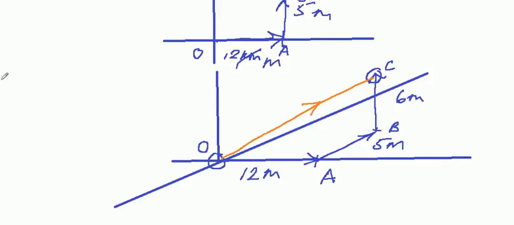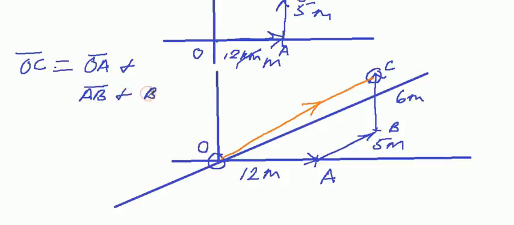Now OC bar, from the polygon law of vector addition, is OA bar plus AB bar plus BC bar. Now we have to add this, if we want the magnitude.